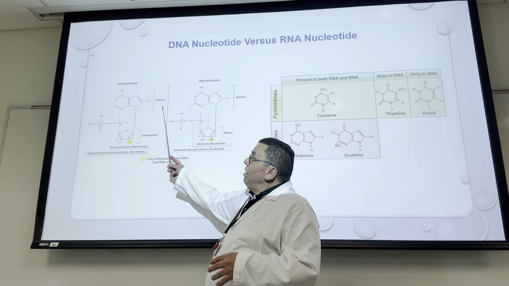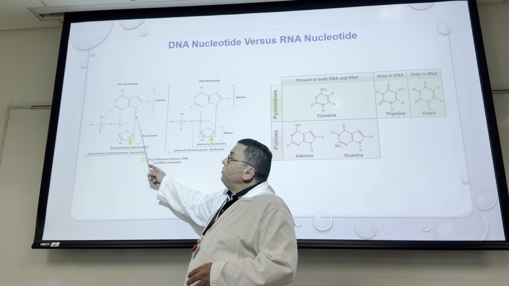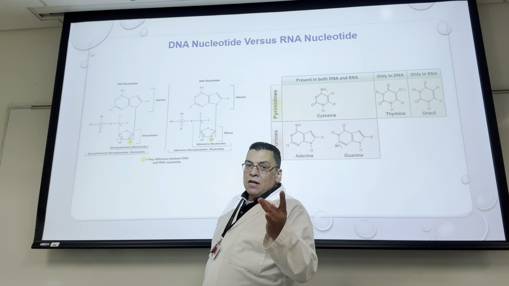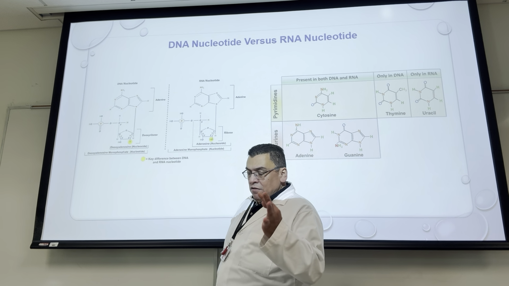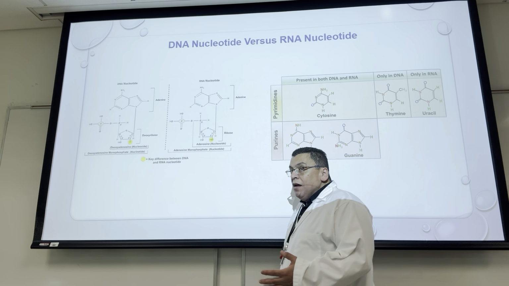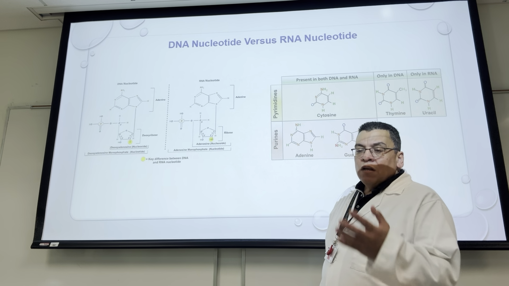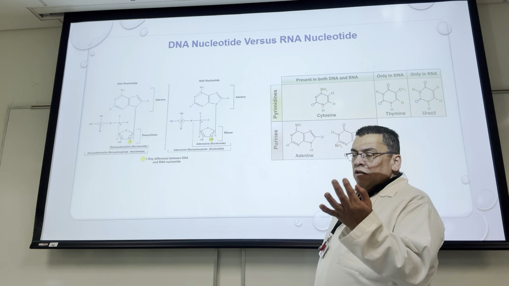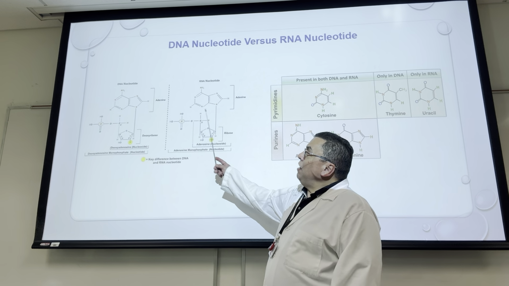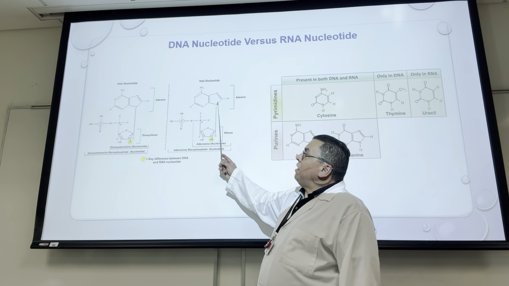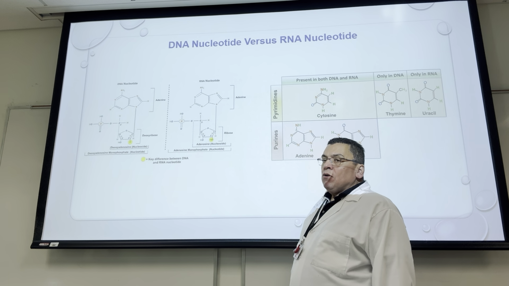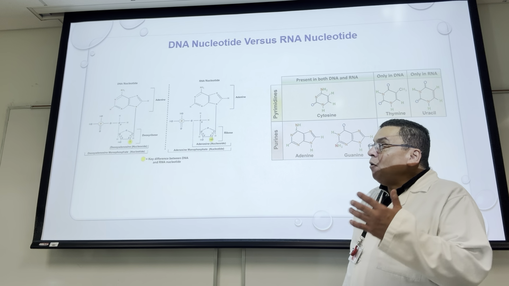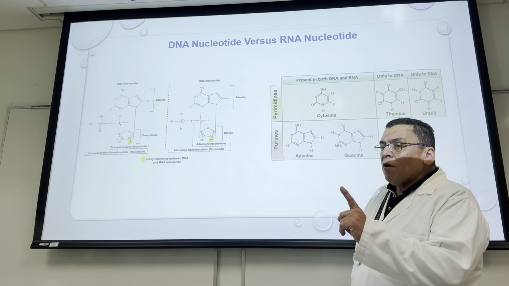So in DNA, the choices are adenine, guanine, cytosine, thymine, AGCT. In RNA, there are also 4 choices, but it's adenine, guanine, cytosine, and instead of T, it's uracil. So again, there are 4 choices that can be attached here, A, G, C, or U. But it doesn't matter if it's DNA or RNA, they're both attached at the 1' carbon.